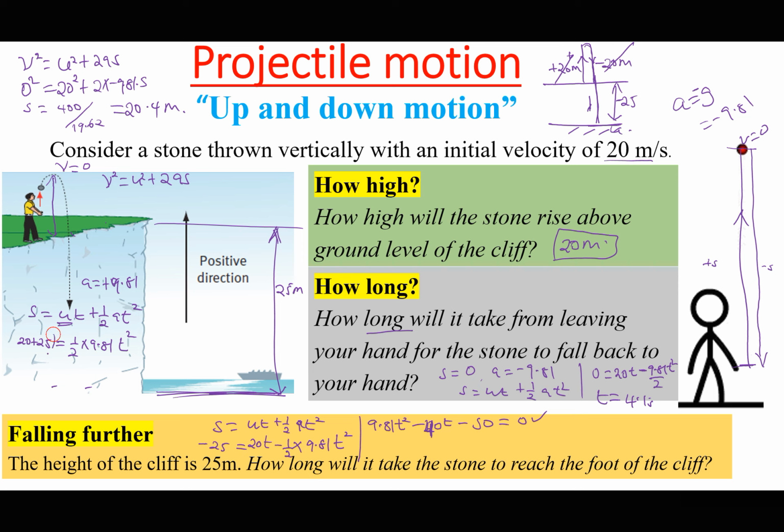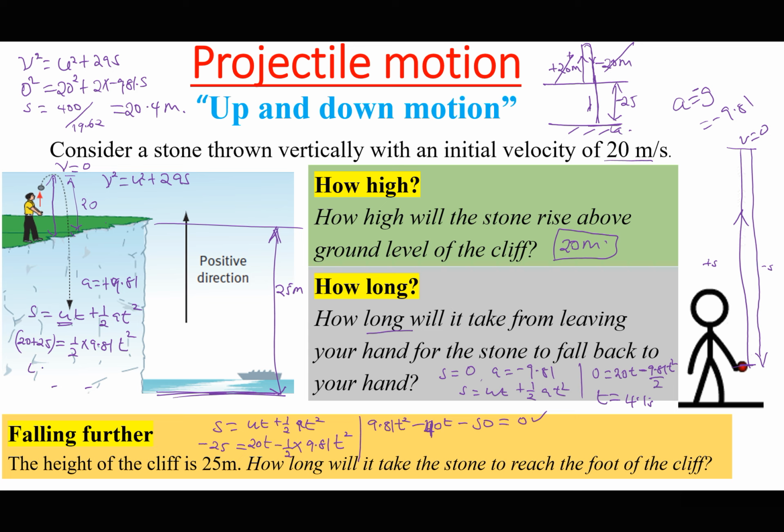The displacement from the highest point to the bottom is 20 plus 25, because from the highest point to the top of the cliff was 20 as we calculated before. Then from the top of the cliff to the foot of the cliff was 25, so the total is 45.